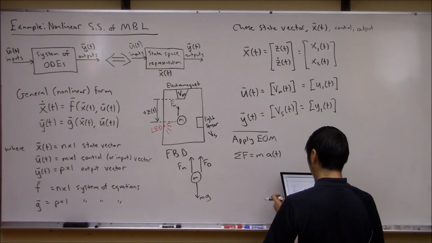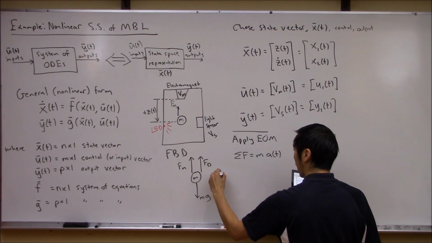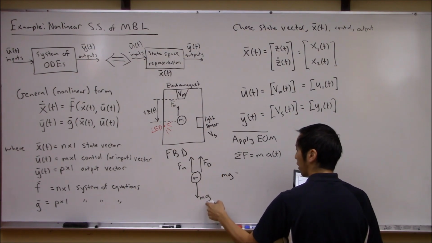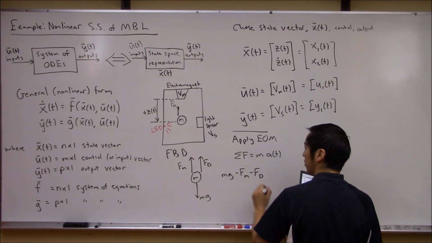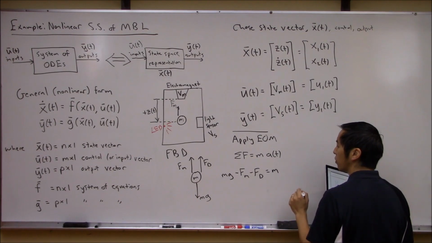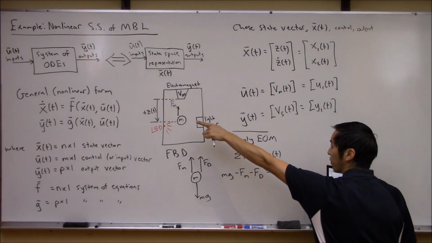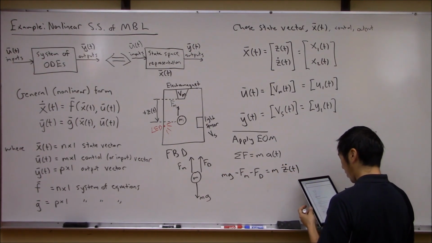Okay, so let's just start summing up all of these forces. So we've got mg pulling down, minus F magnet, minus F drag, is equal to the mass times the acceleration. Let's think about this. Acceleration, isn't that just the second derivative of the position? So this is just m z double dot of t. Would everyone agree this is the same thing?